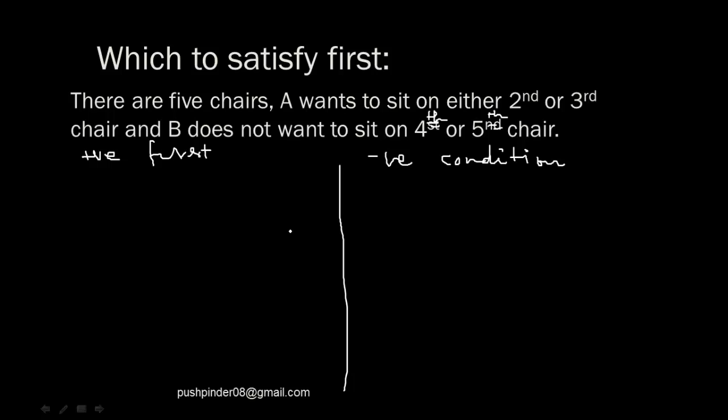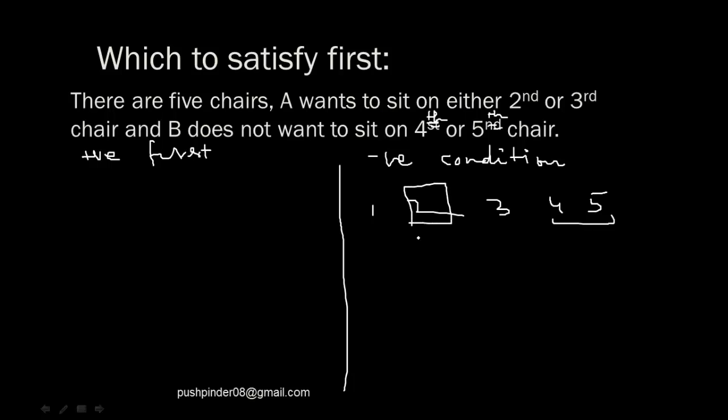So let's satisfy the negative condition first. Now A wants to sit on either second or third chair, and B does not want to sit on fourth or fifth chair, right? So let's see that. Now these are 5 chairs: chair number 1, chair number 2, chair number 3, chair number 4, chair number 5. Now let's suppose B sits on the second chair, right?